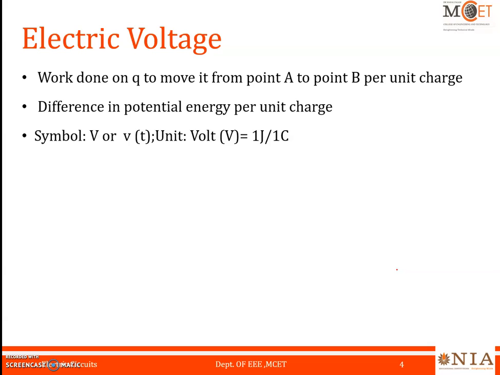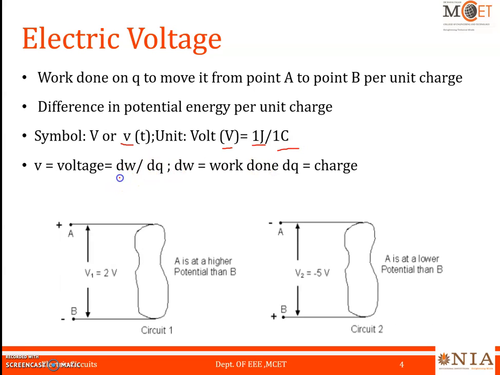Or otherwise, the potential difference between two points can also be called electric voltage. The unit of electric voltage is volt. So 1 volt is equal to 1 joule per 1 coulomb. We know the basic equation, dW divided by dQ, where dW is work done and dQ is charge. That's why we have the unit as joule per coulomb.